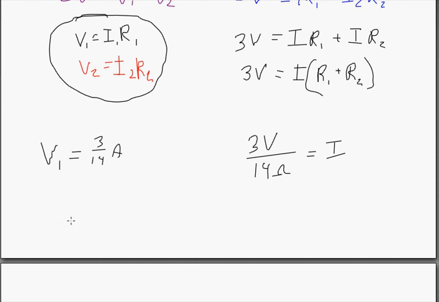So this right here, I used this formula from before, Ohm's law formula, but now I'm talking about the current through resistor 1, which is this value right here, and then the value of resistor 1, which is 5 ohms. And now you can find the voltage drop of resistor 1. I think it's going to be 15/14 volts. And there you go.